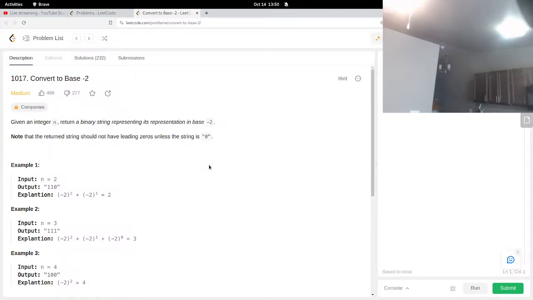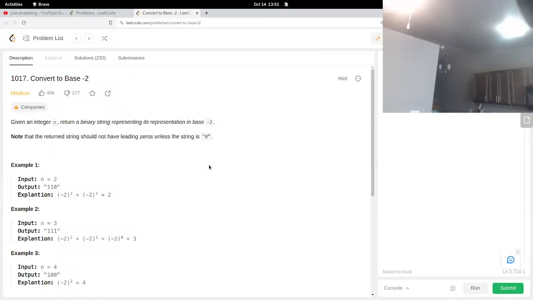Can you represent any number in this way? Well, let's say I want to represent 2 to the 0, 2 to the first, 2 squared, etc. 2 to the 0 is equivalent to -2 to the 0. 2 to the first is 2 squared minus 2 to the first, which is equivalent to -2 squared plus -2 to the first.